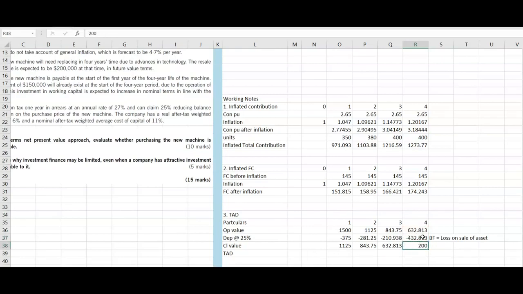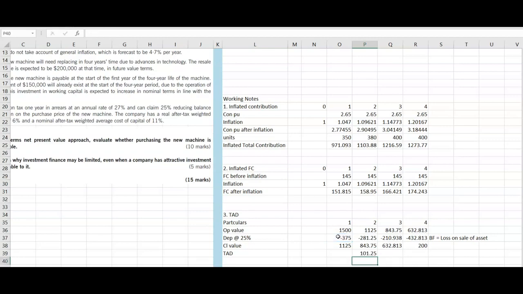For this 432, we'll get a tax benefit. So how does tax benefit work? Tax benefit is in arrear and it is a percentage of 27% of tax. So you take the depreciation and you multiply by the tax percentage, which is a negative number, minus 0.27.